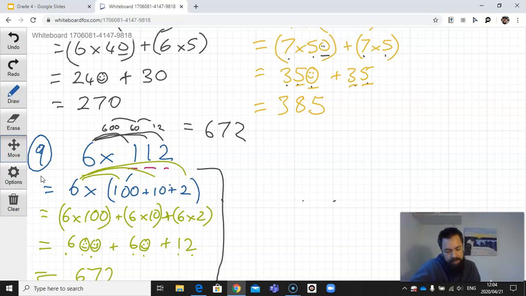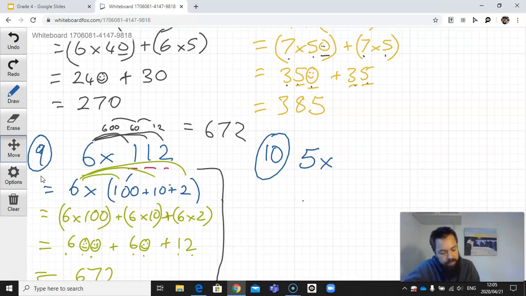Final one to practice today. This is also a 3-digit one, and this one I'm going to give you some time to try on your own. I think maybe a minute because it's also a 3-digit one. This one we're going to do 5 times 123. Have a go with that one. I'll give you about a minute before I start.